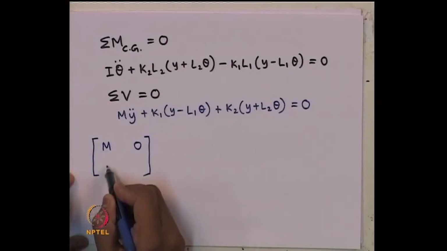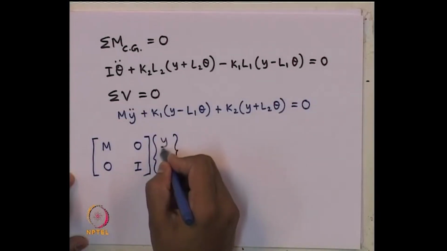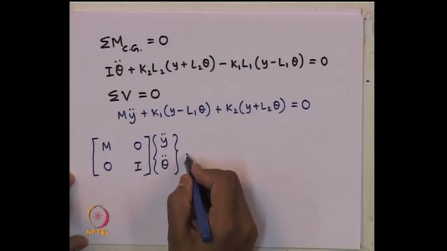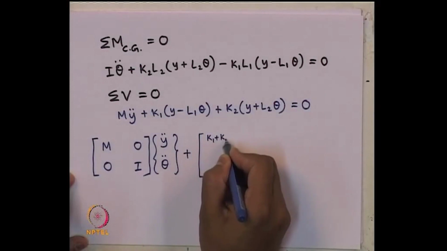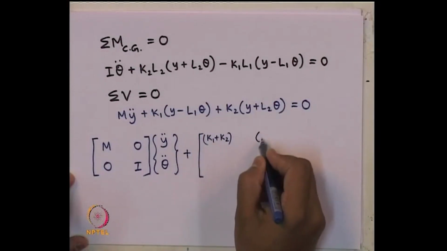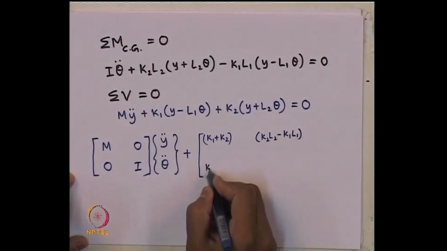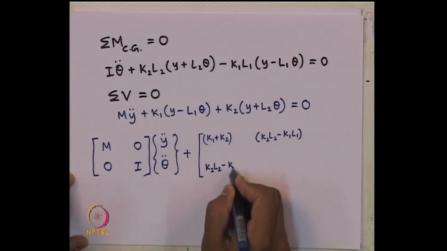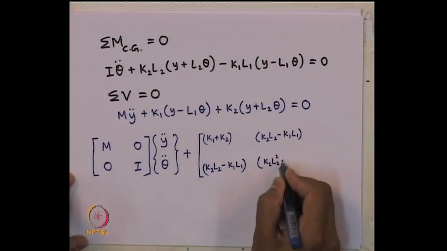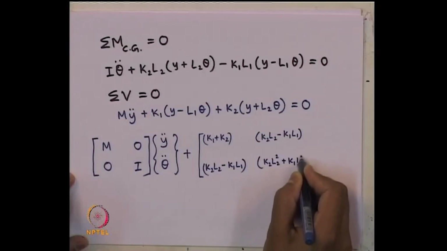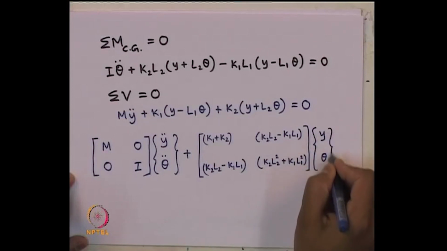This one we can represent in matrix form very easily. m 0 0 I, then the acceleration vector y double dot theta double dot, plus k1 plus k2, then k2 L2 minus k1 L1, then k2 L2 minus k1 L1, then k2 L2 square plus k1 L1 square, times y and theta equals 0.